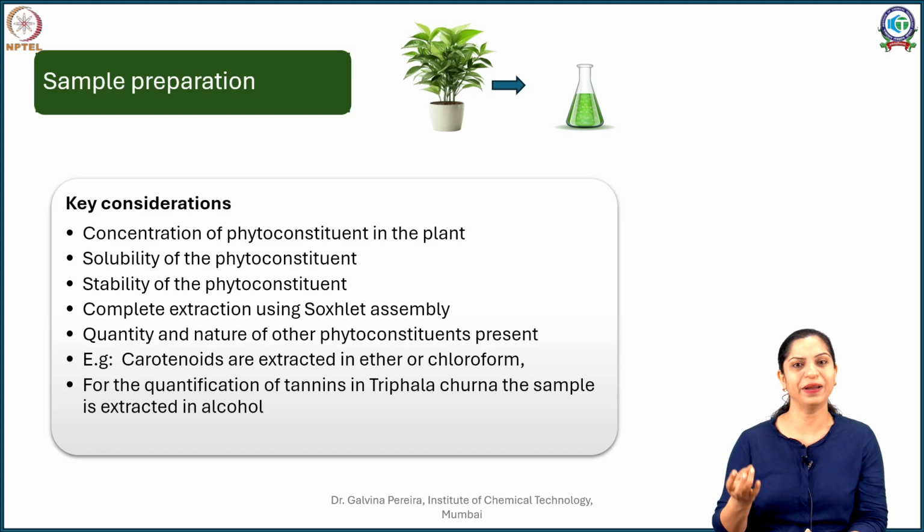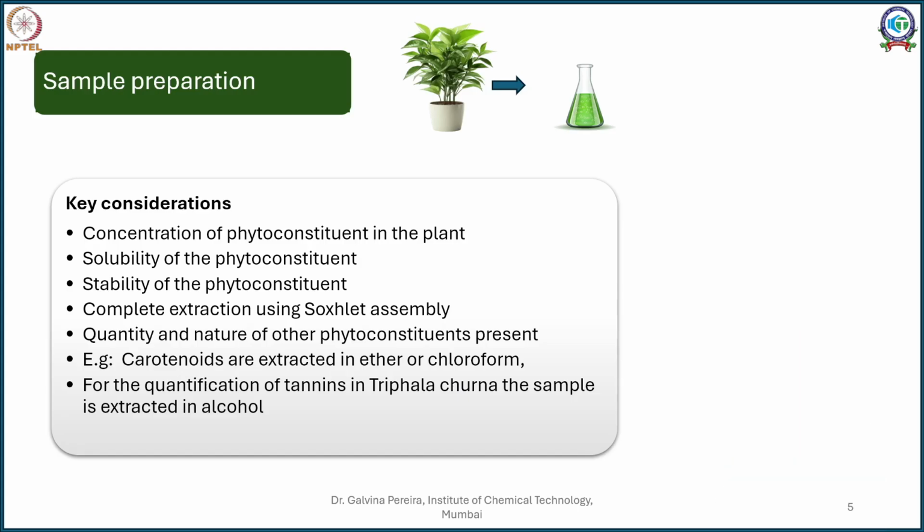Now you know Harda, Behda, Amla, all of them have gallic and ellagic acid, and they all have good solubility in alcohol. So I can just take the whole Triphala churna, load it in the thimble of my Soxhlet assembly and extract it completely till no more tannins are coming out. Then I concentrate it and I can use this extract for my HPLC analysis. So this is the sample preparation.